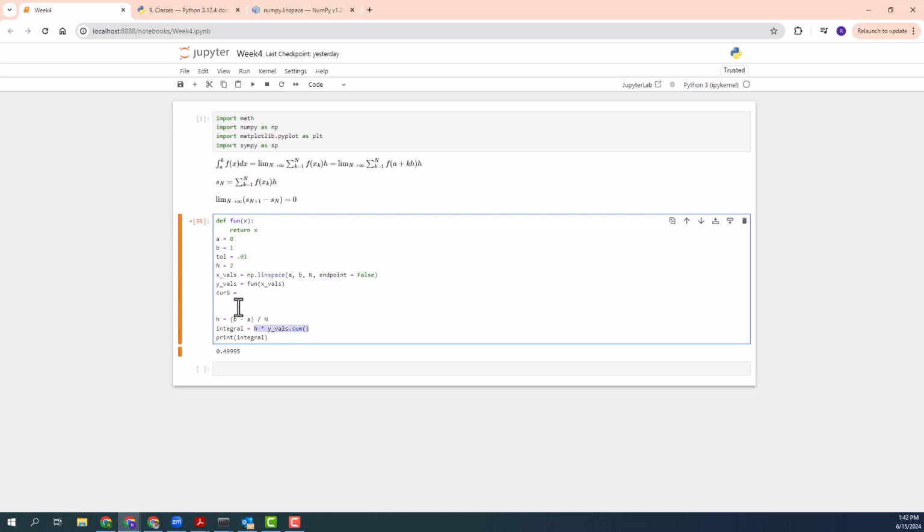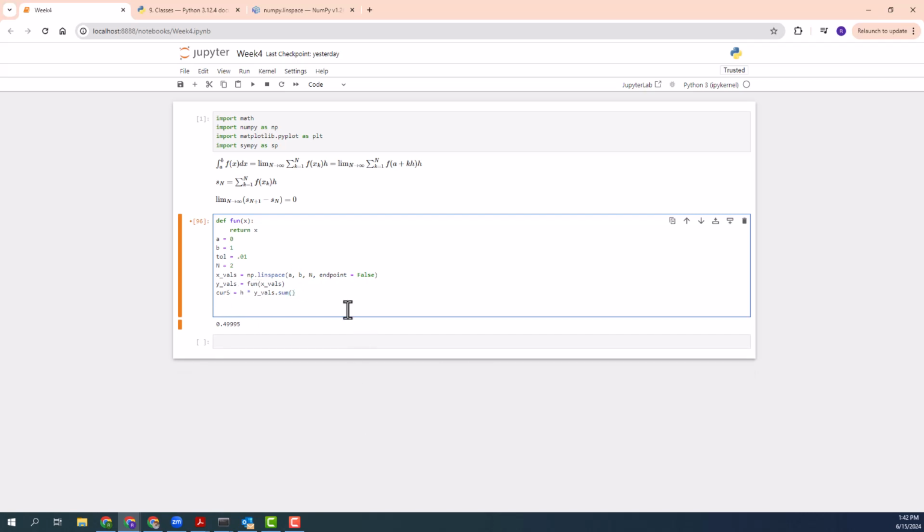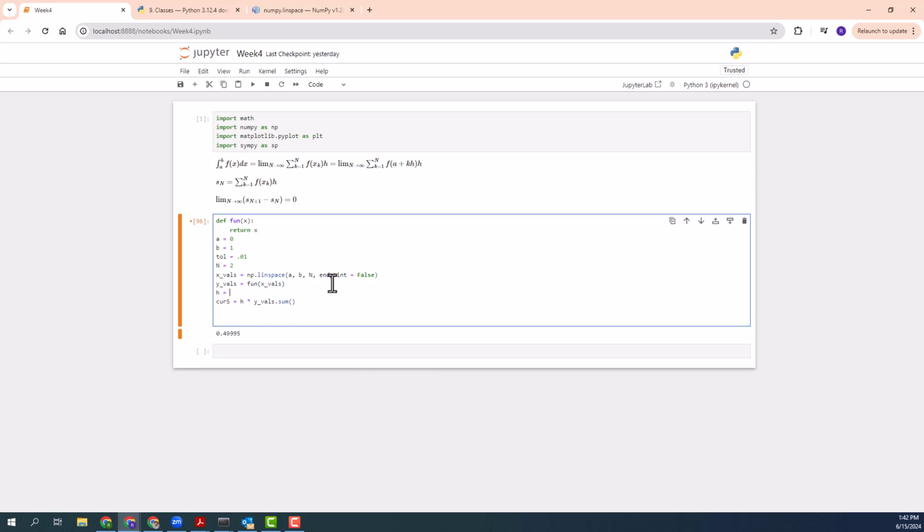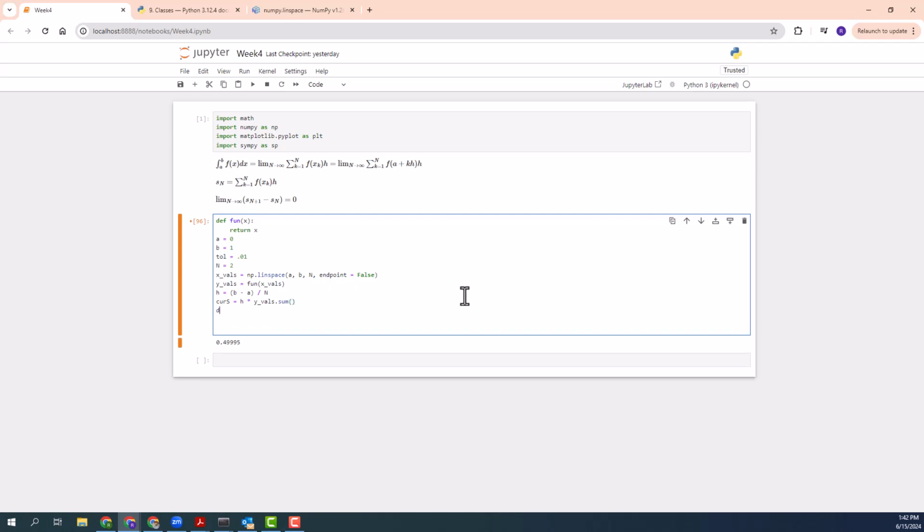I'm just retyping what I had before, using this language of current s, b minus a divided by n. Current s is equal to that, and tolerance is equal to 0.01.